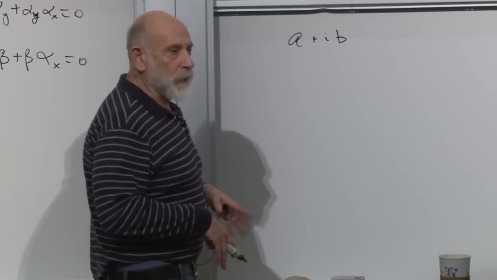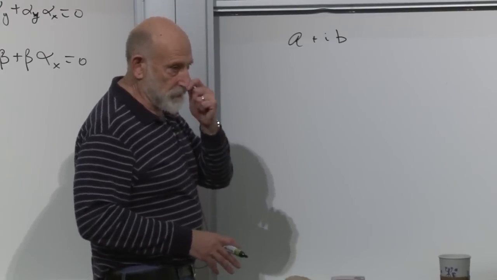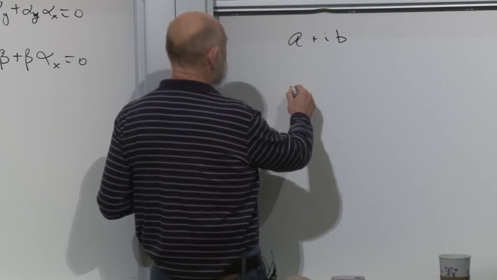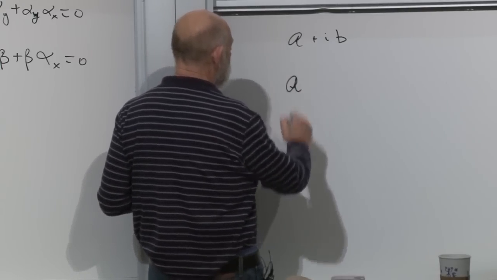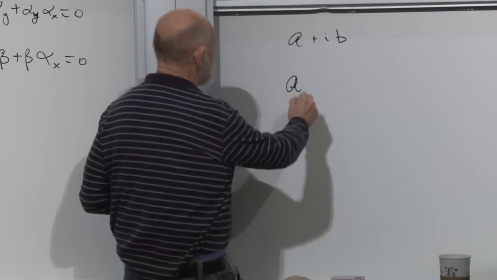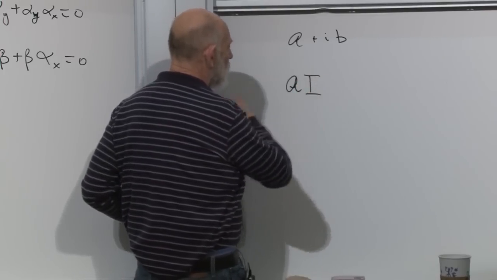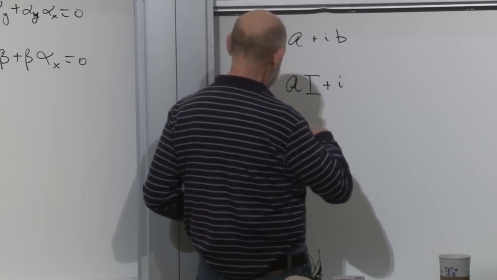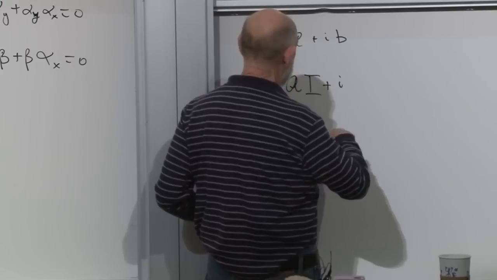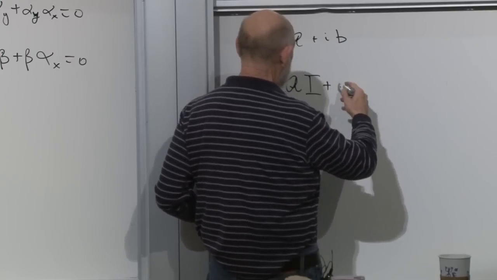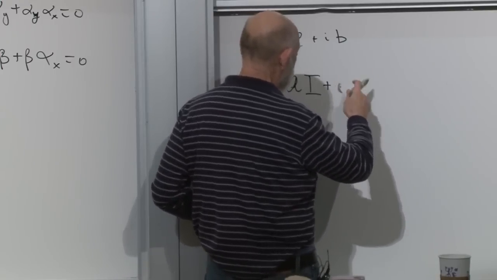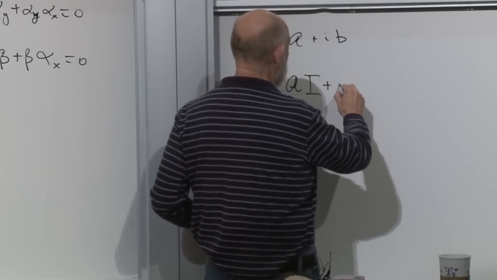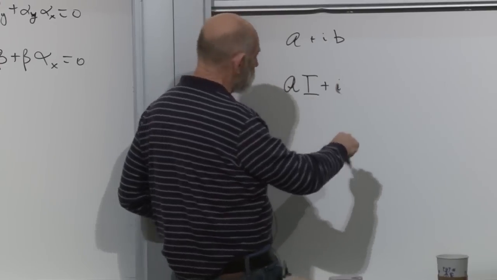Every 2 by 2 matrix can be written as a thing proportional to the unit 2 by 2 matrix plus, is there an i? No i. I think I misspoke. I think I want to put an i there. Not Hermitian, forget Hermitian.